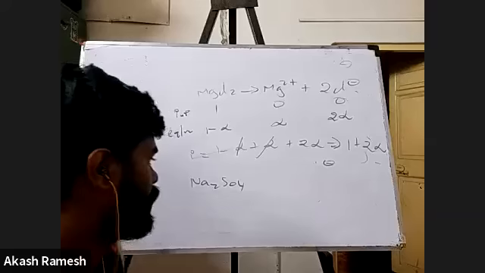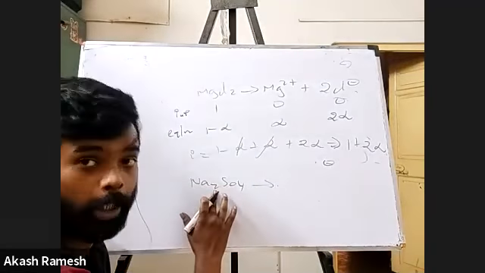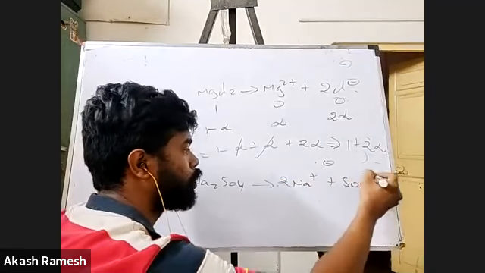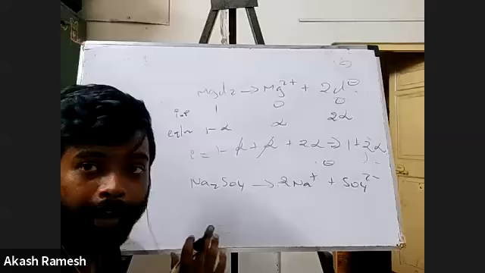Equal to 1 plus 2 alpha, sir. Right. Na2SO4 will form 2Na+ and SO4 2-. This is the dissociation.